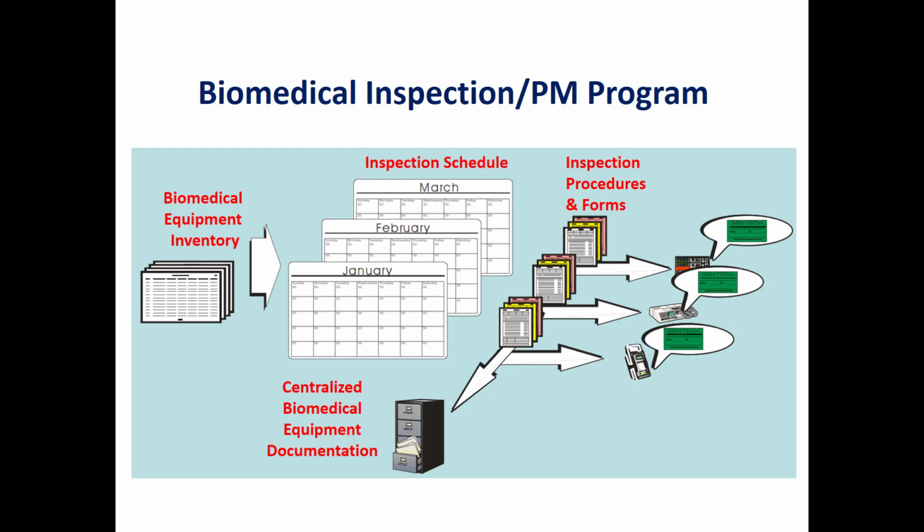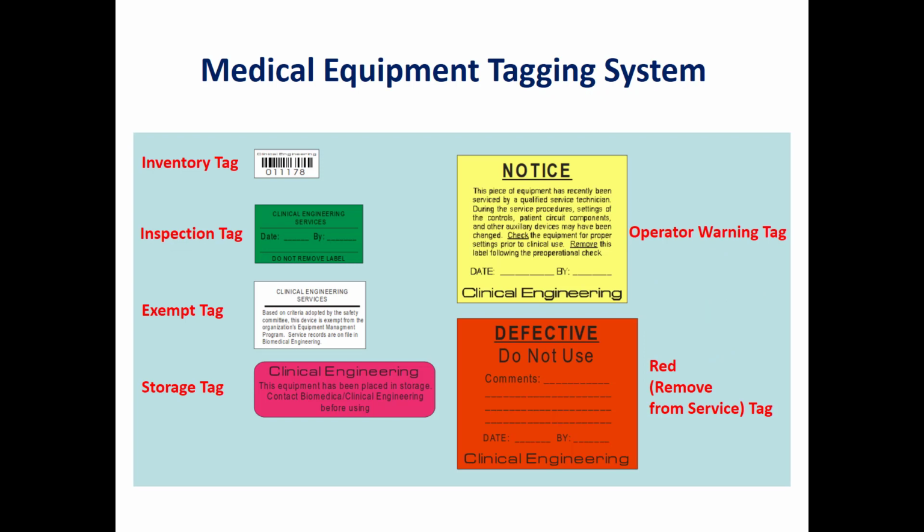After the execution of these IPMs, we report on them. We fill in inspection procedures and forms, which will be documented in their related files. So this is another policy and procedure. Most of this work is currently done using CMMS, a computerized maintenance management system.